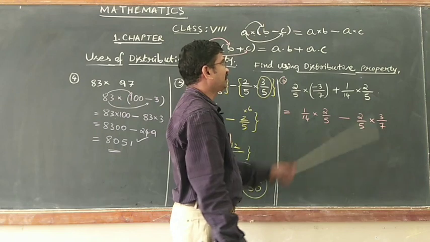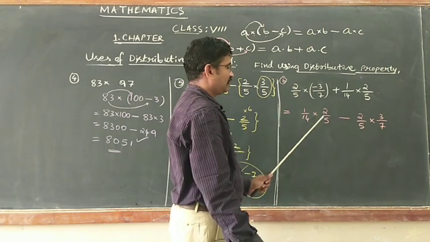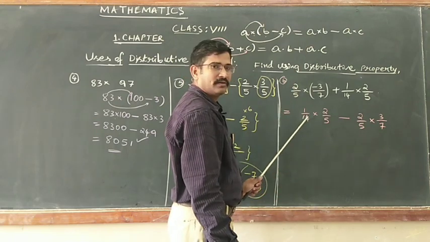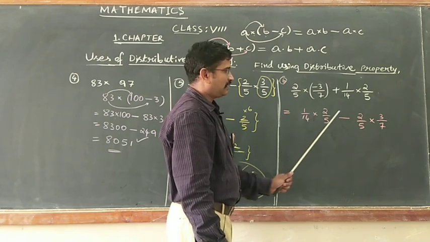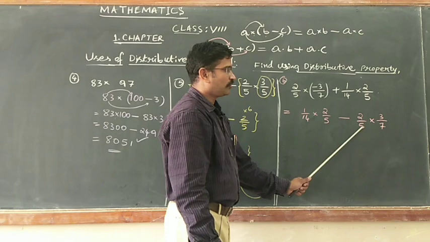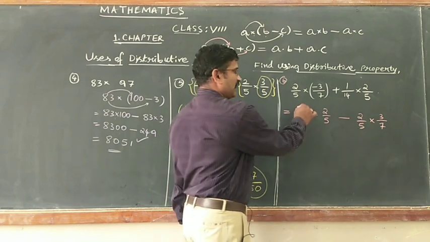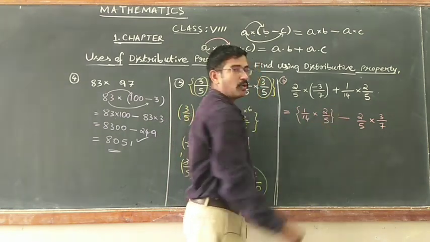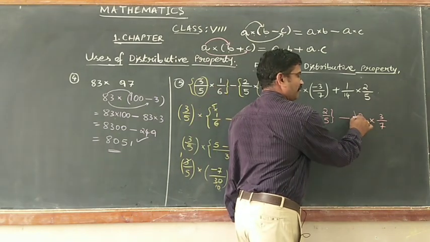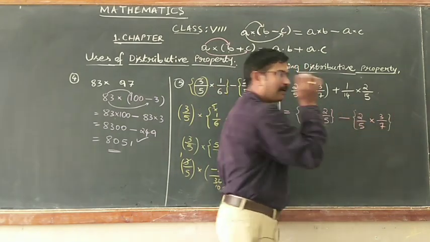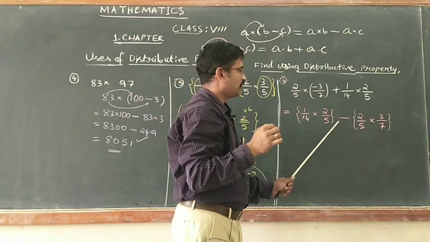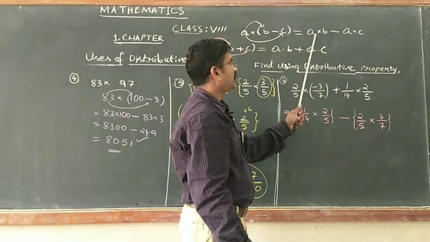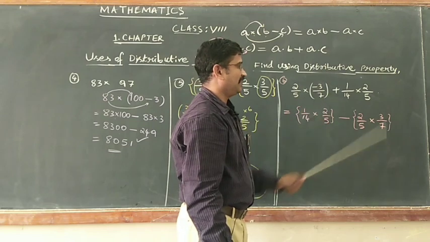Now, it looks like the product of two rational numbers minus the product of two rational numbers. So, that means I got two products where in between we have got a minus sign. Now, A into B minus A into C.